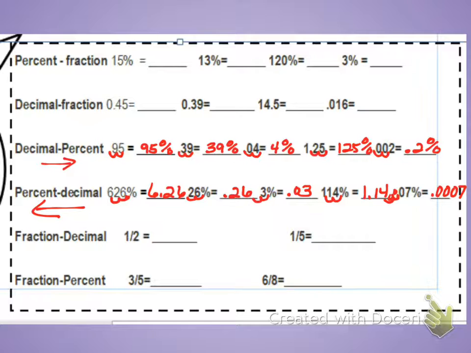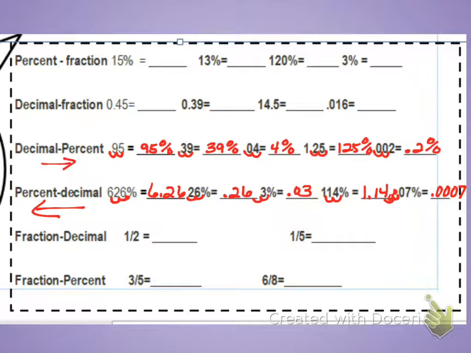Let's do fraction to decimal and fraction to percent really quickly. So for fraction to decimal, this is easy because this is the kind of thing we've been doing all along. It's a division problem, so we're going to divide the bottom into the top, and this is where your calculator comes in super handy. Although on this one, you probably already know it, because we memorized it.